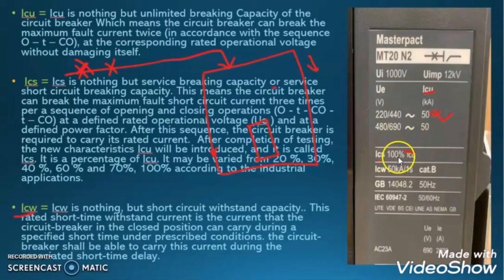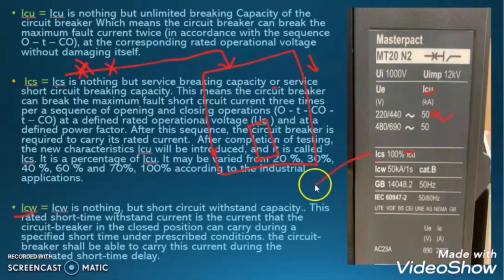Why is the ICS expressed as a percentage of ICU? Because suppose during the ICS testing operation, we turn on the breaker, turn off the breaker, and again turn on the breaker 3 times when there is a short circuit fault, then it might be 70% of the ICU, or it might be 80% of the ICU rating, but the best will be 100% of the ICU.